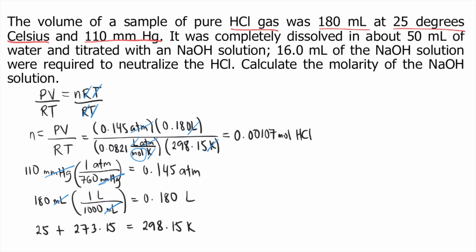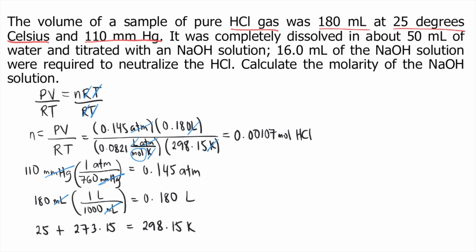It says here that HCl was neutralized by an NaOH solution. So that means a reaction happened between HCl and NaOH. We know that HCl is an acid and NaOH is a base, so it's an acid-base reaction.